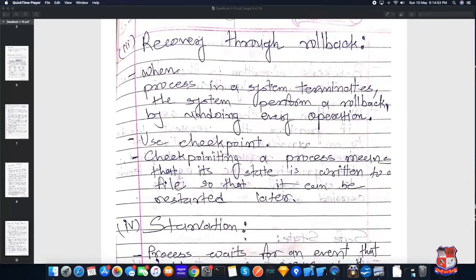Checkpointing a process means that its state is written to a file so that the system can restart later at the point of the checkpoint. If we use a checkpoint and do the commit operation, then we can roll the system back up to the checkpoint. So we can recover the deadlock in the system.